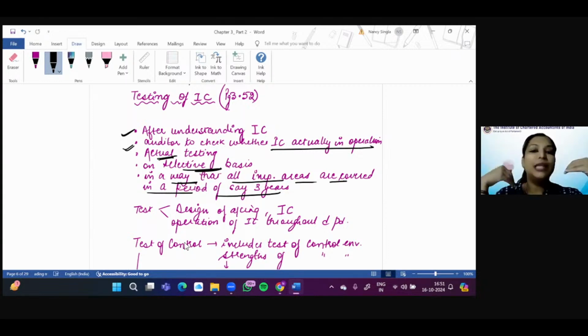By evaluating the IC, by performing the methods that we have just discussed, like narrative record or your ICQ or your checklist or the flowchart. He has obtained an understanding. Now, actual testing also he'll do. That will be done on a selective basis, covering all important areas in a period of, let's say, 3 years.